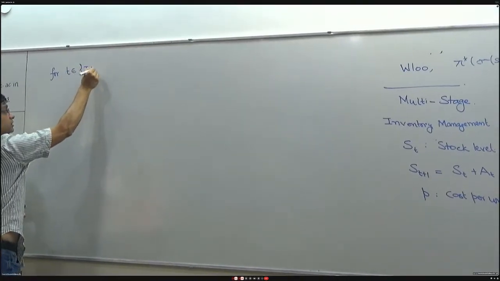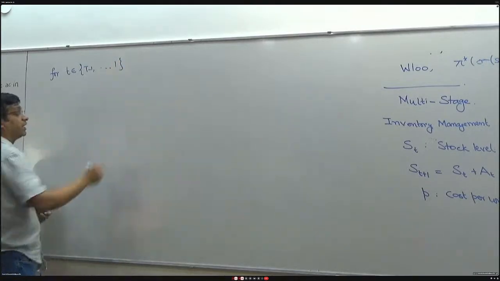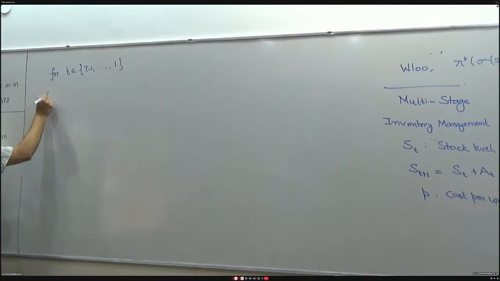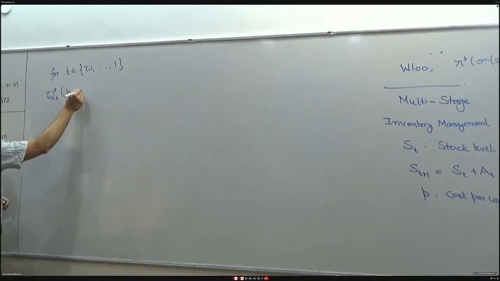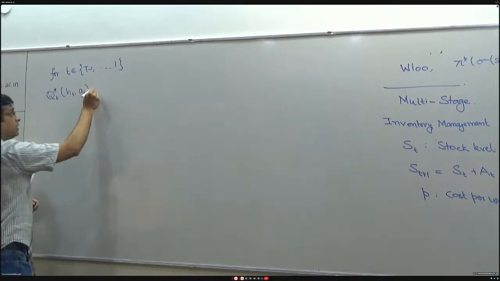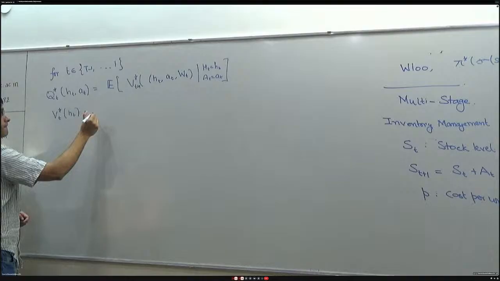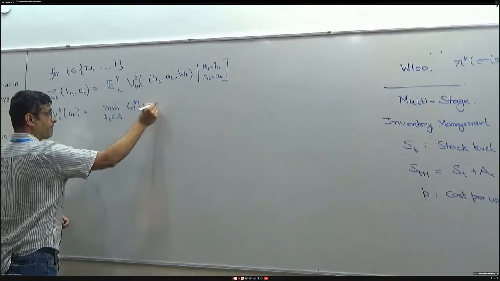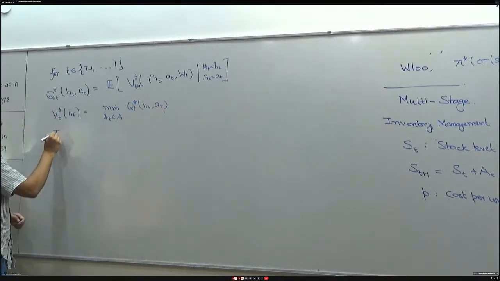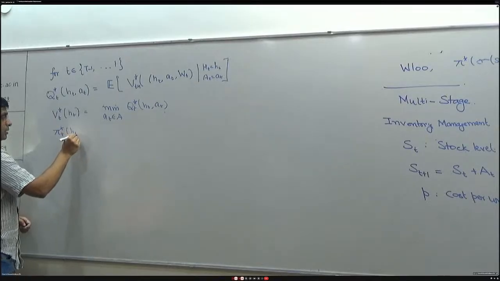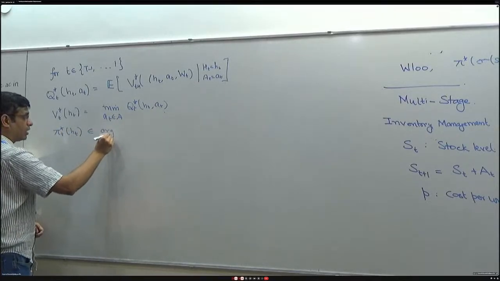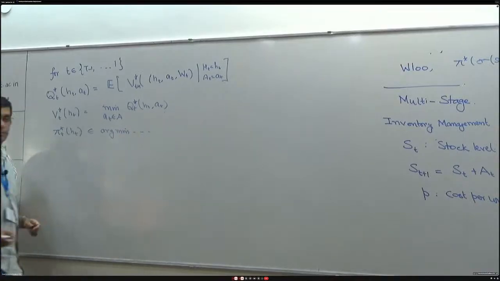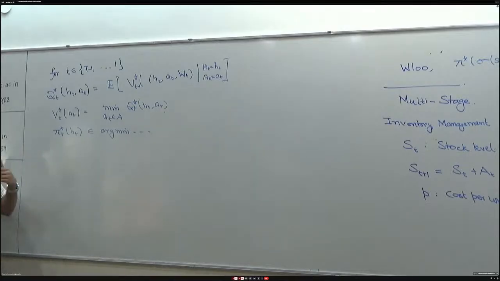So I say for everything till the last step going backwards, I'll keep on computing Q star of T of HT and AT, which is going to be the expectation, and phi star T is going to be an argmin of the same thing. Okay. So I have a basic recursive procedure for computing a policy.